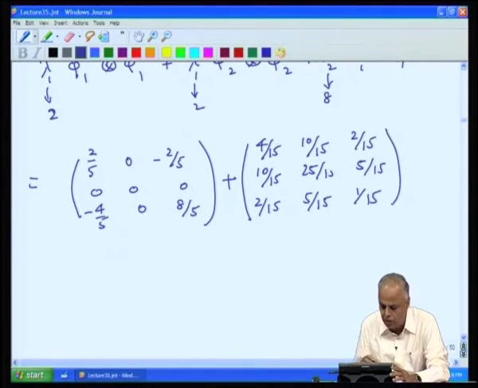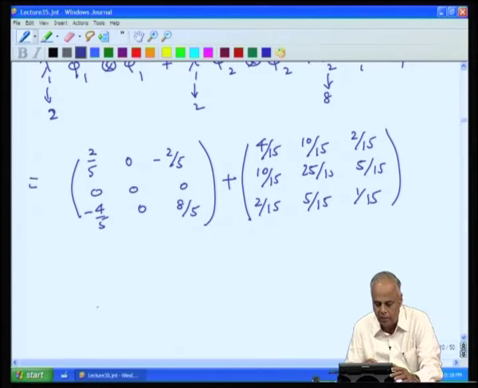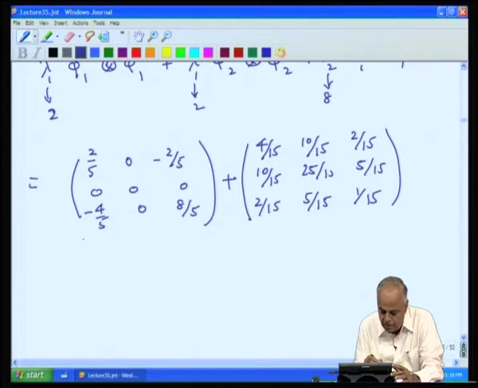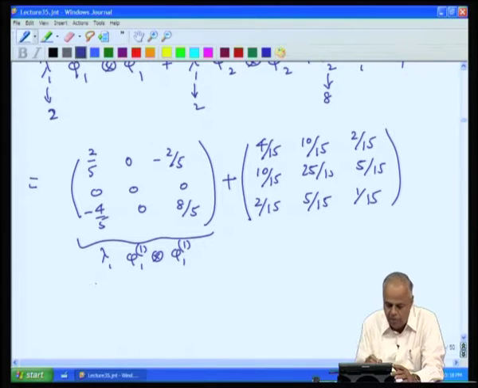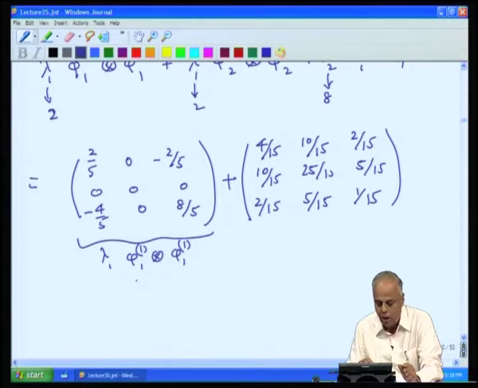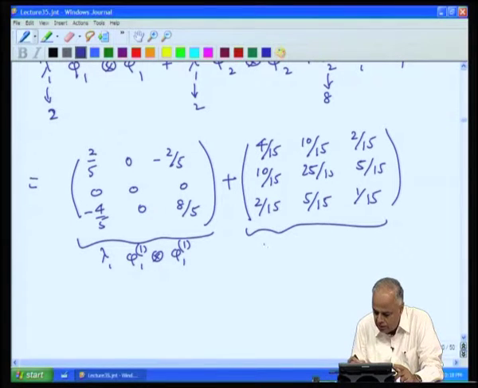These are the two terms corresponding to the first eigenvalue. This is the term which is lambda 1 phi 1 1 tensor phi 1 1 with lambda 1 equal to 2 and the phi 1 1 tensor phi 1 1 which we have found above. This is lambda 1 again with lambda 1 equal to 2, but phi 1 2 tensor phi 1 2.